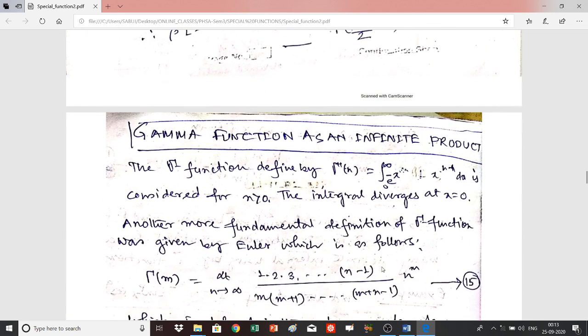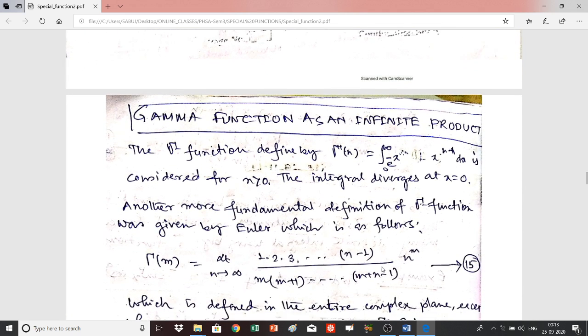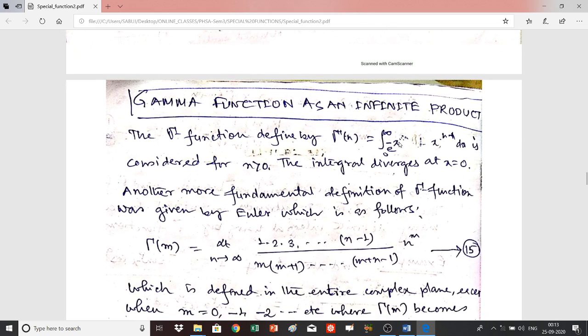Now the next topic is the gamma function as an infinite product. The gamma function can be written as an infinite product, and that is given here. You know that the gamma function is defined, as given at the beginning of this lecture, as gamma n equal to integral from 0 to infinity of e to the power minus x, x to the power n minus 1 dx.